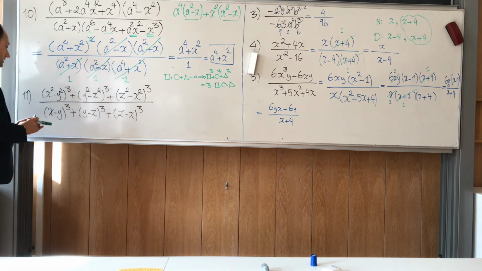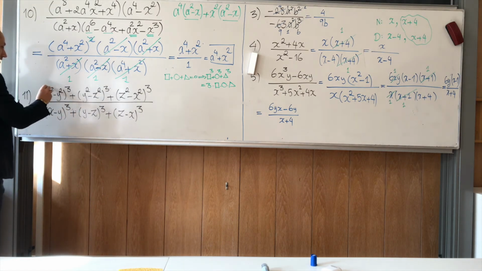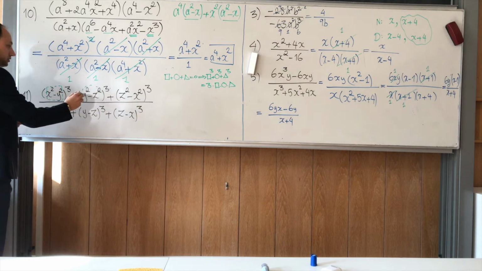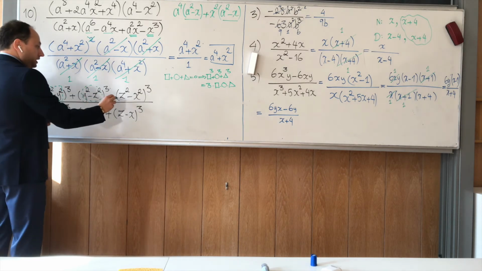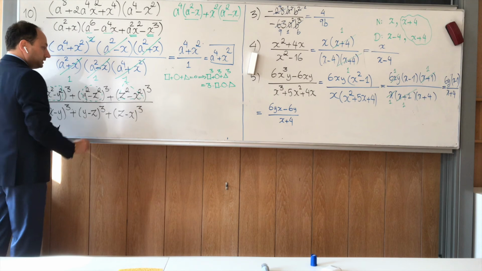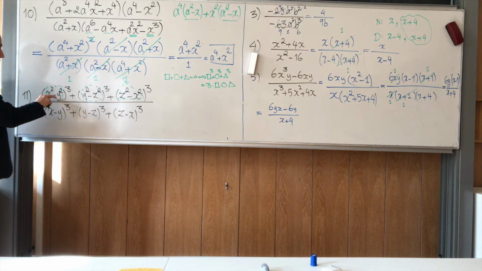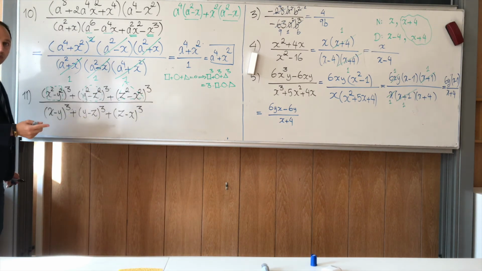And this will apply both to the numerator and the denominator. Look, if I take this one in the numerator to be the box, this one to be the circle, and this one to be my triangle, and I add them, let us see what happens.